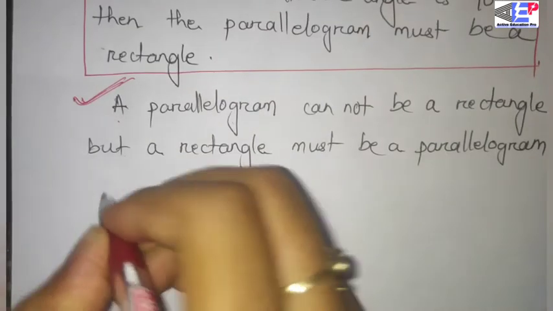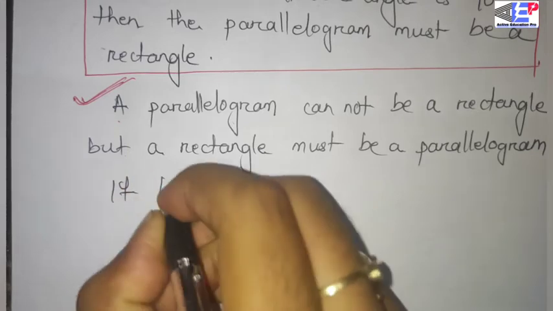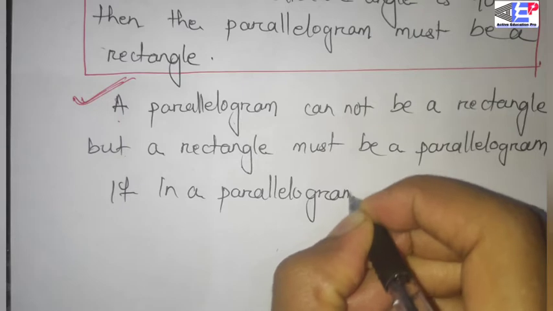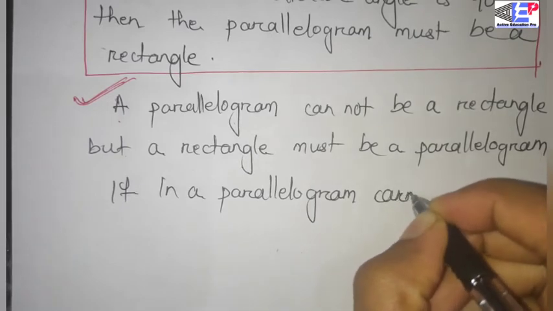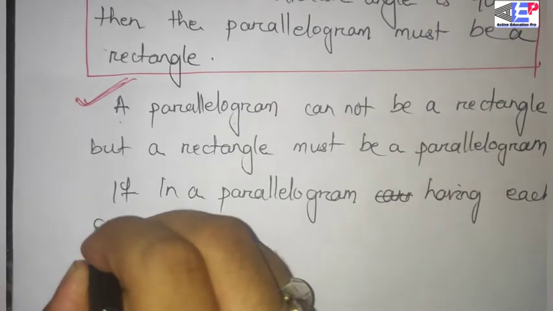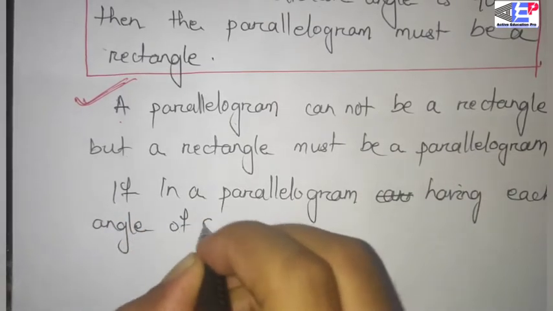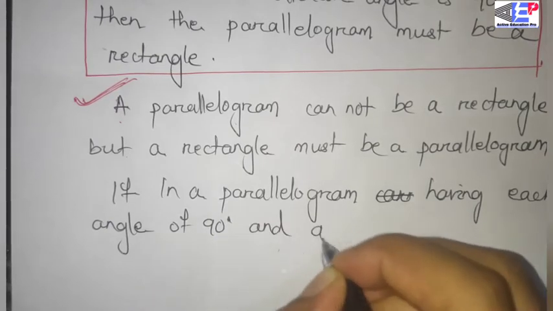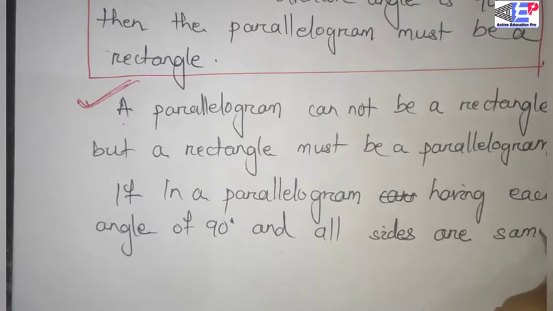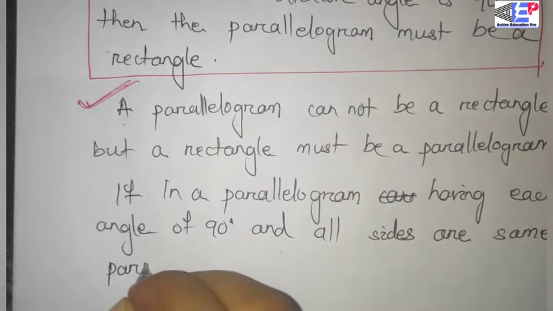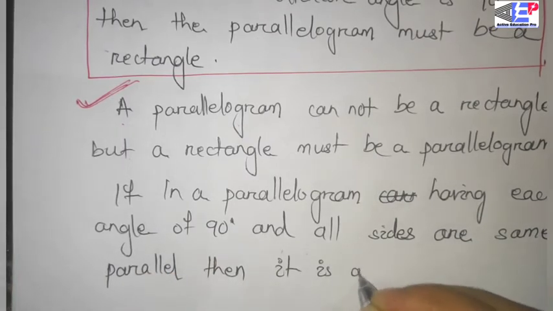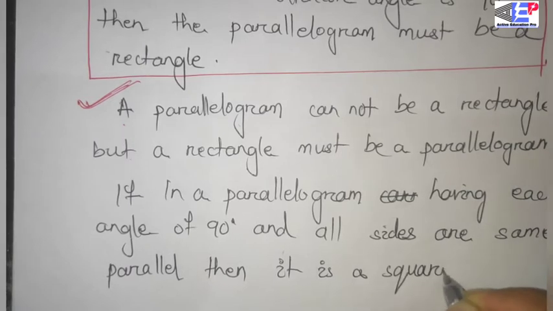Here I write it: if a parallelogram has each angle of 90 degrees and all sides are the same and parallel, then it is a square.